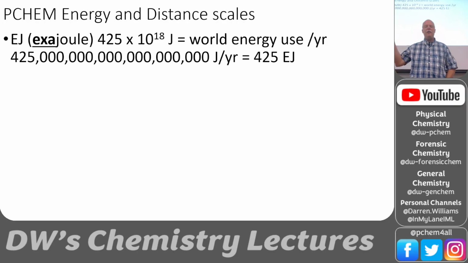So in PChem 2, by the end of the year, we're talking about world energy usage, and that's in exajoules. Exa is 10 to the 18. So you guys are familiar with mega and giga, and maybe now with storage of bytes, hard drives, and so on, terabits of information or terabytes.